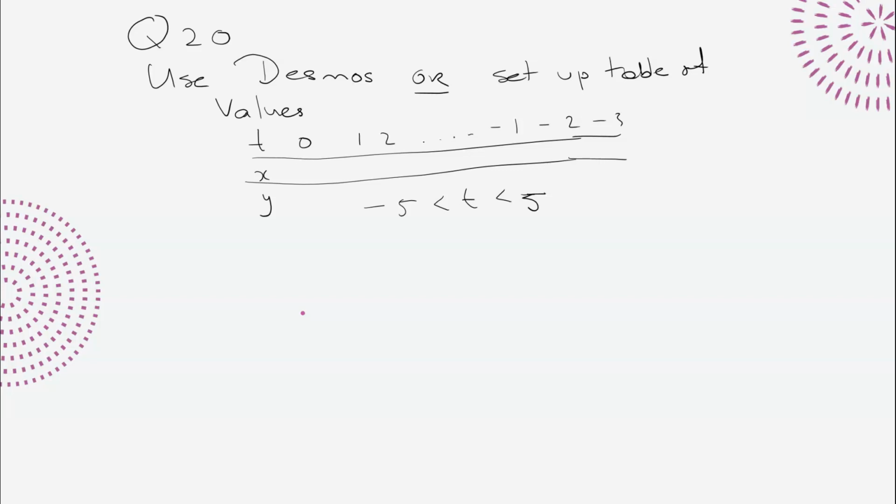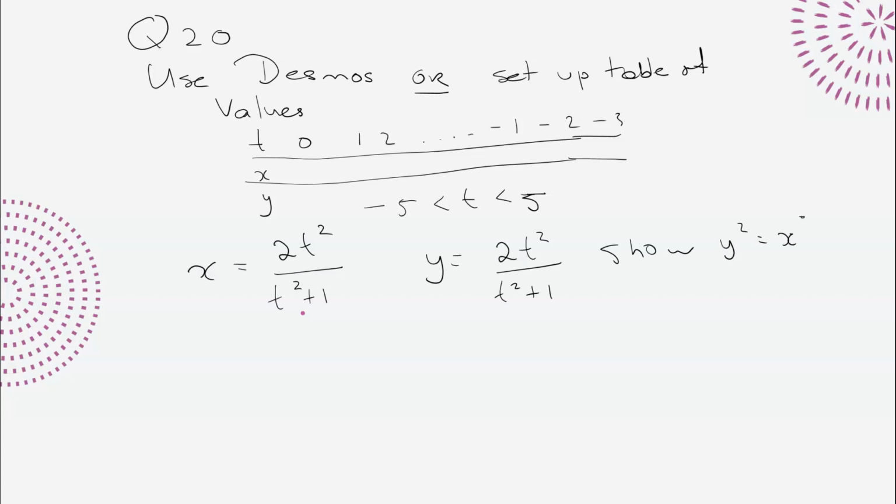Now then it says x equals 2t squared over t squared plus 1, and y equals 2t squared over t squared plus 1, and show that y squared equals x cubed, I think it's showing.